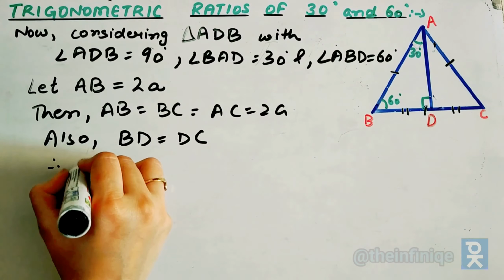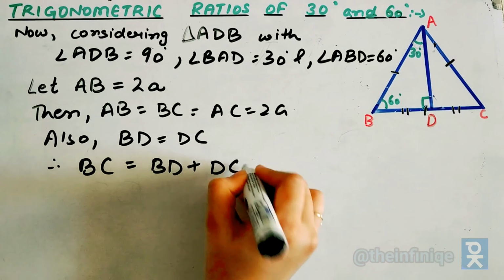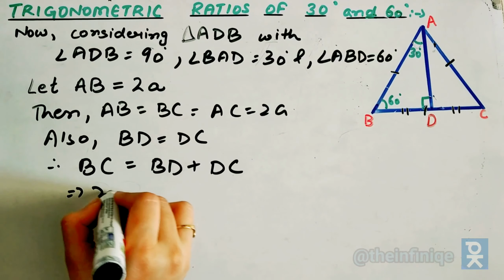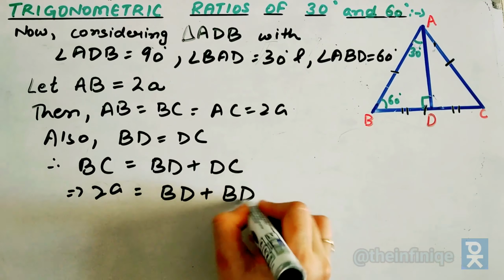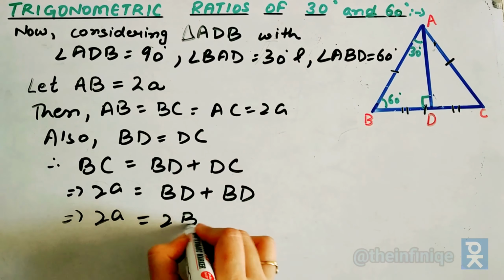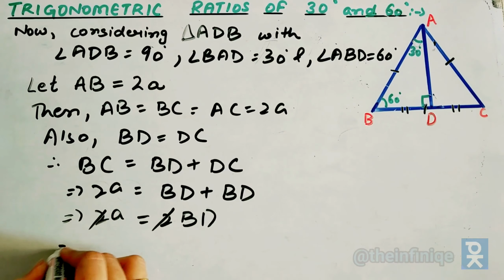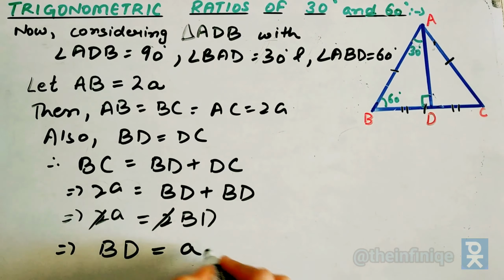Therefore BC is equal to BD plus DC. BC is equal to twice of a, and BD plus DC is equal to twice BD. We can write twice a is equal to twice BD. 2 and 2 cancel. It implies that BD is equal to a.